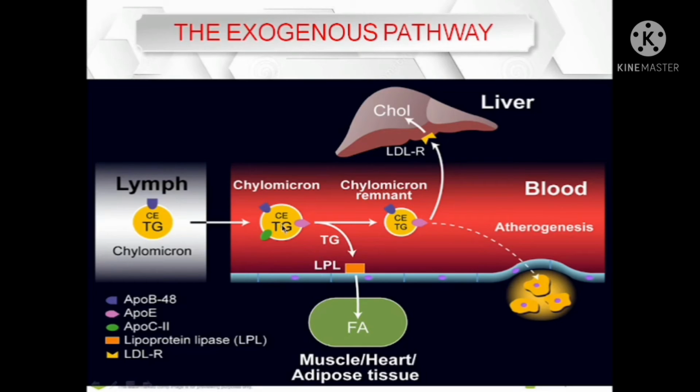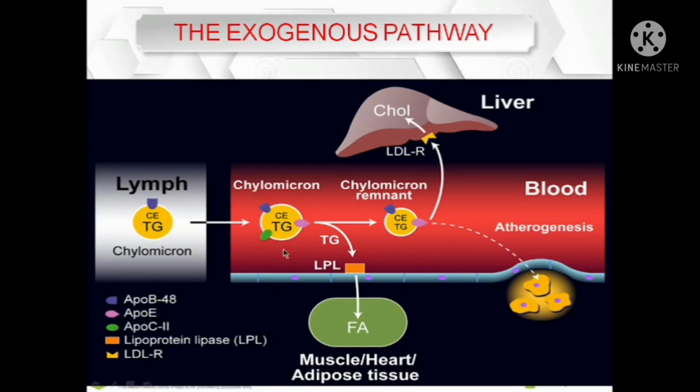I know that you want to release some of your triglyceride, but you don't have the man who will do that. So if you like, give me apo A1, and I will give you apo C2. This man agrees, and gives apo A1 to HDL. Then this HDL will give the apo C2 to chylomicron.